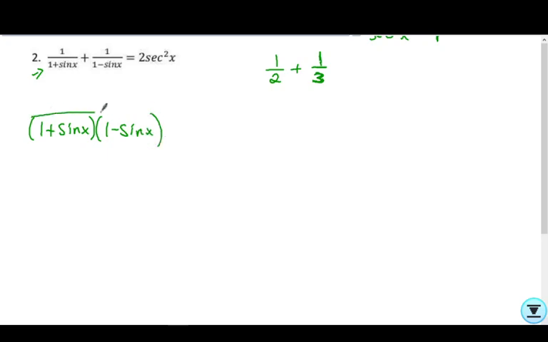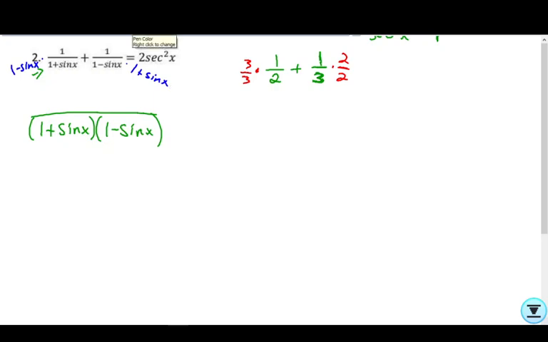This is the common denominator. And just like doing this one, you'd have to multiply the top and the bottom of this one by 3, and the top and the bottom of this one by 2, the opposite's denominator. Over here, the same thing. The first one, I'm going to multiply the top and the bottom by 1 minus sine x. And this one, I'm going to multiply by 1 plus sine x.